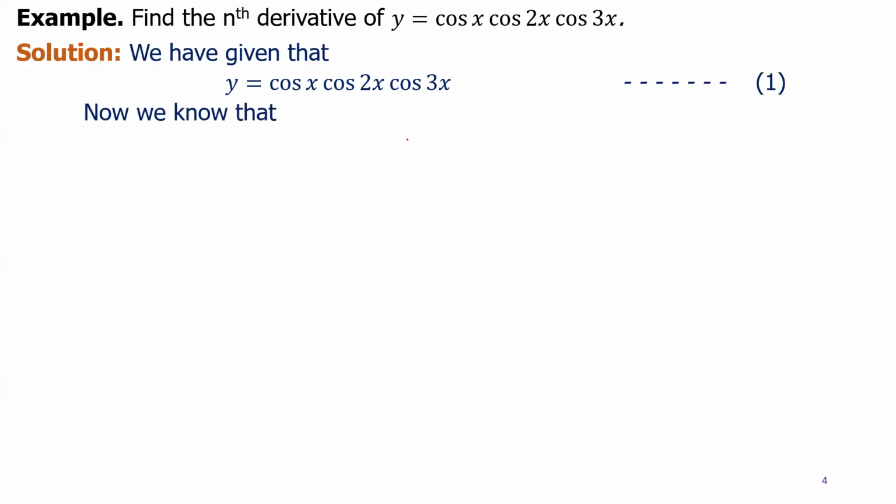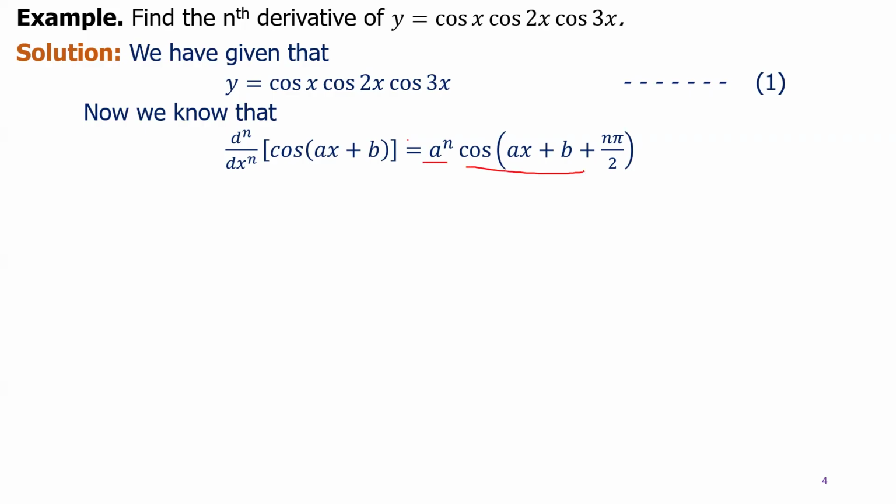Now, we know that the nth derivative of cos(ax + b) is equal to a to the power n cos(ax + b + n pi by 2). This is the nth derivative of cos(ax + b).